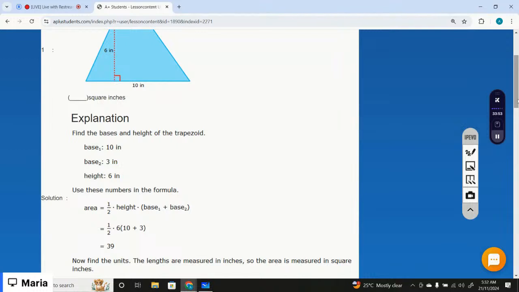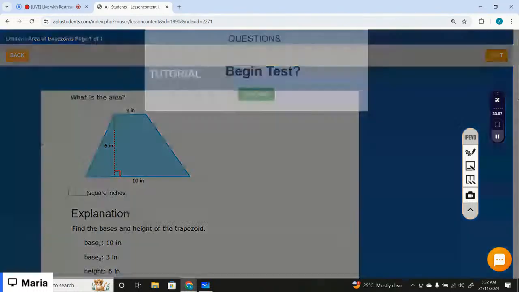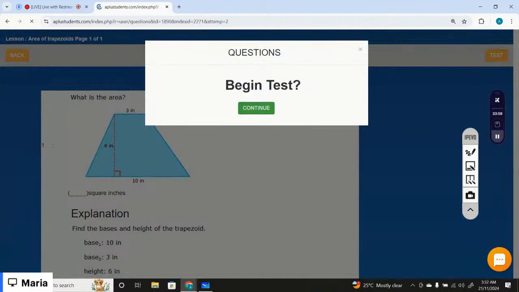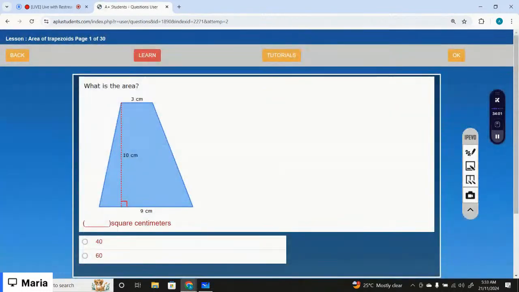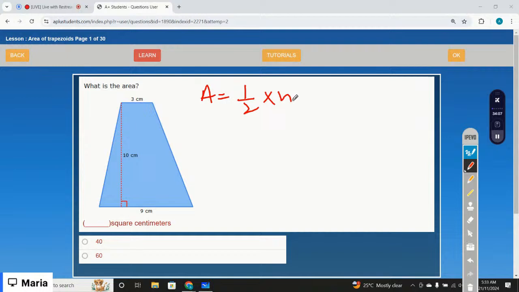Okay, let's just start with the test questions. Let's see how do we evaluate the area of trapezoid. What is the area? That is half times height times, you need to add both the bases, right? This one and this one, these are the bases of the trapezoid.